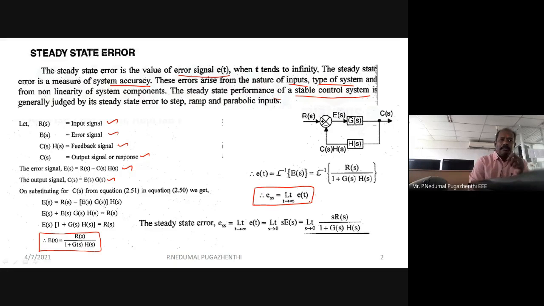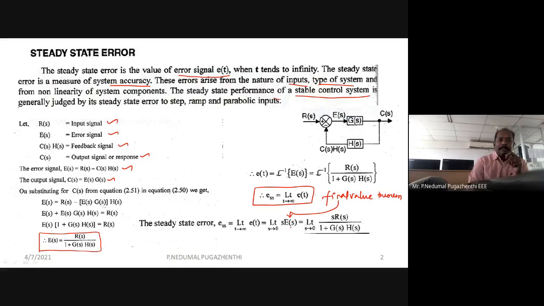The same formula can be written using the final value theorem of your Laplace transform, like this one. Limit s tends to 0, s into E of s. That is also ESS. This is in frequency domain. Limit s tends to 0, s into E of s is using your final value theorem in frequency domain, and in time domain you can write limit t tends to infinity E of t.